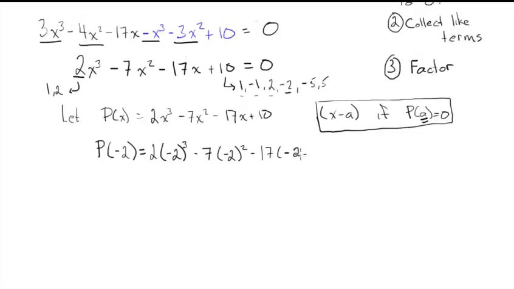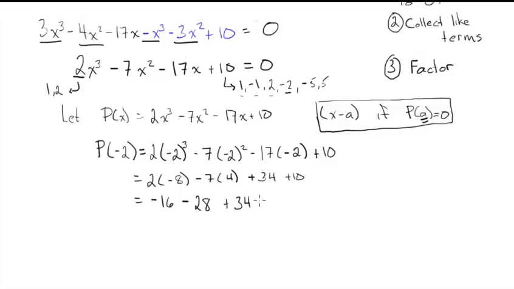So I'll sub -2 in for x. So that would be 2 times -8 minus 7 times 4 plus 17 times 2, which is 34, plus 10. -2 times 8 is minus 16. 7 times 4, so subtract 28, plus 34, plus 10. -16 minus 28 is minus 44, plus 34, so we're at -10.